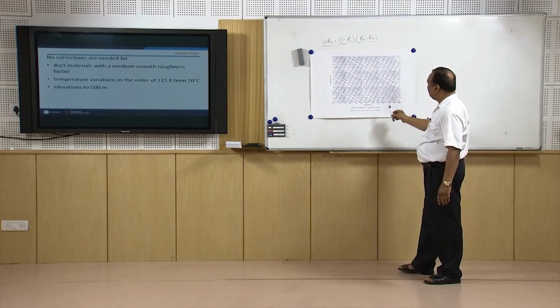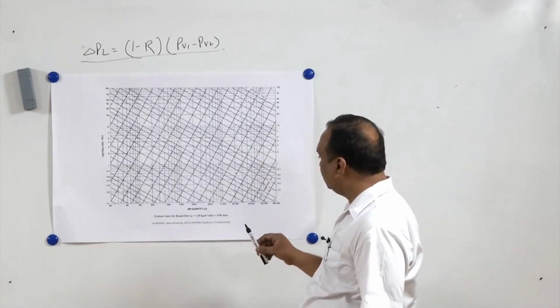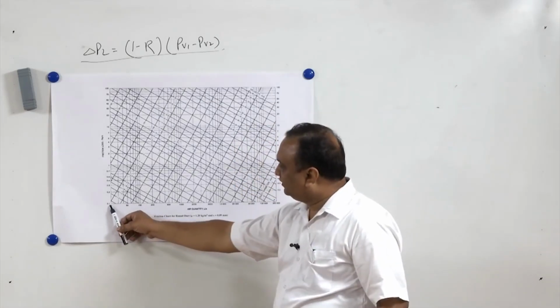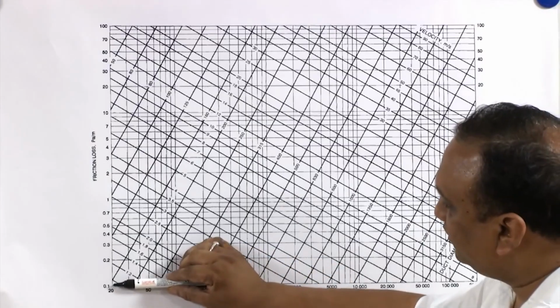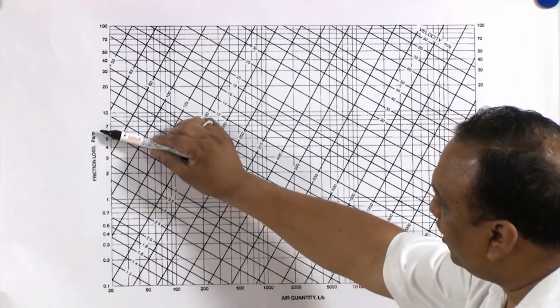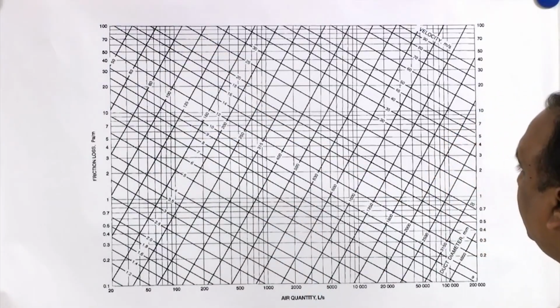Now, this is the actual duct friction chart taken from the ASHRAE Handbook of Fundamentals 2013. On the x-axis, the flow rate is varying from 20 to 2 lakhs, on a log scale. On the y-axis, the pressure loss per meter is varying from 0.1 to 100 pascals per meter.